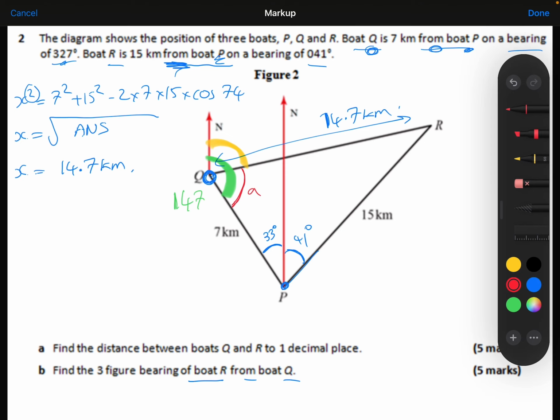So to work out angle A, I am going to use the cosine rule because I know this side, and this side. So I can say that cos A is equal to 7 squared plus my 14.7, which I can just use the answer for because I've still got that 14.7 on my calculator, minus 15 squared, divided by 2 times 7 times the answer, because again I've still got that 14.7 on my calculator display.